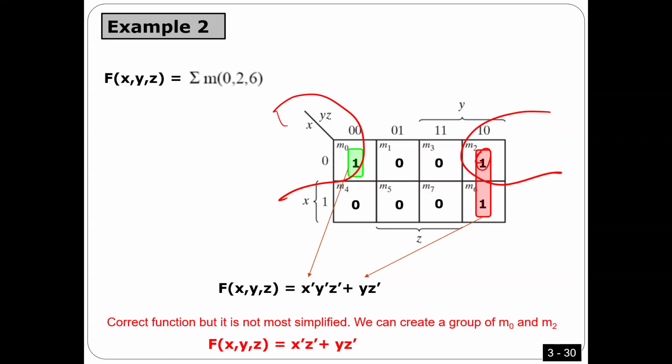This is correct. It's allowed. So instead of taking this one alone, I'm going to take it with its neighbor. Still I'm going to have two terms. However, the simplification is that instead of having a term with three variables, I'm going to have one term that has only two variables. Make sense?